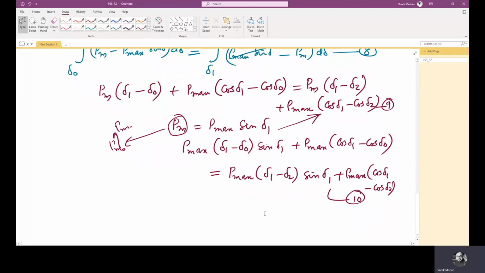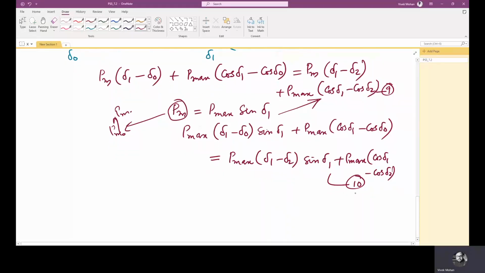Now we simplify equation 10, and the simplified expression we get is (del 2 minus del 0) sine del 1 plus cos del 2 minus cos del 0 equals 0. This is equation 11.